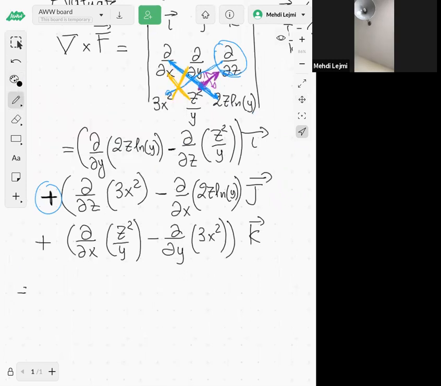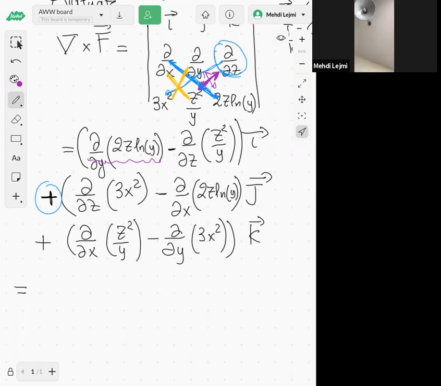So for the coefficient of i, guys, first we need the derivative with respect to y of the 2z natural log of y. Okay, so when you derive with respect to y, I'm talking about this term here. So we assume that z and x are constant, right?